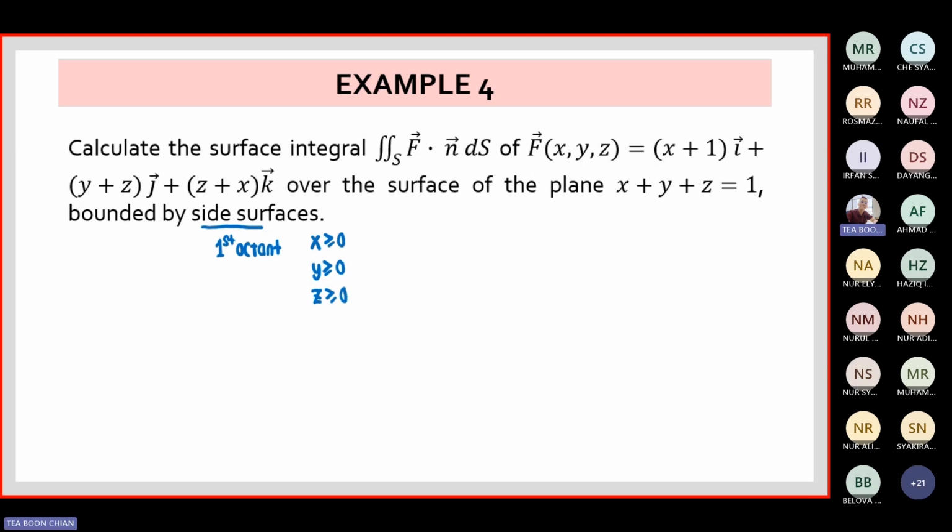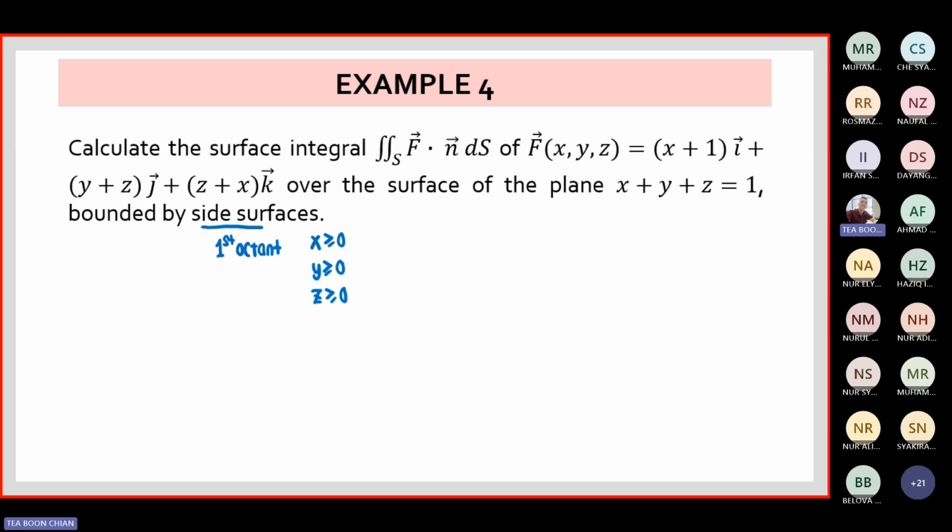Now, if you look carefully, the way the question is asked is just the same like in example 3. The only difference is that in example 4, I do not provide you any graph. In other words, you want to use x, y, or z in your parametrization, also possible.